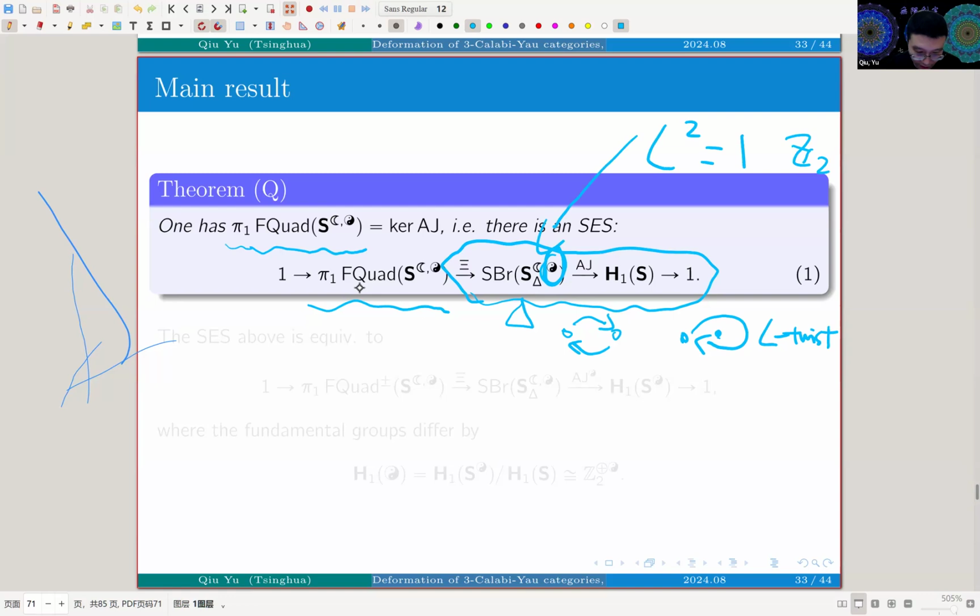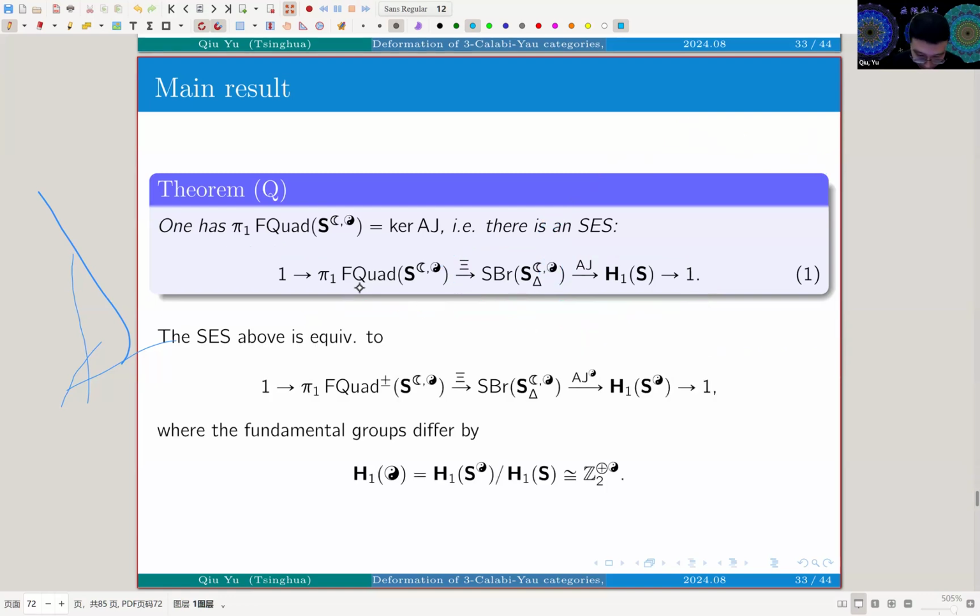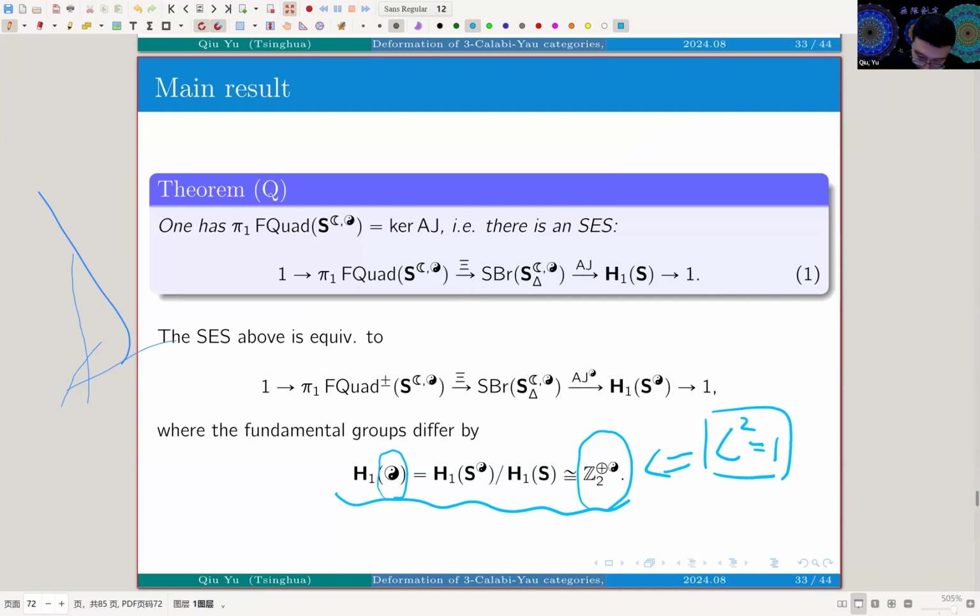The way we understand the Z2 symmetry is that for each deformed puncture, we add this L squared equals 1 and it produces this symmetry.